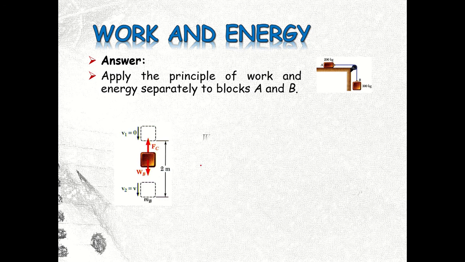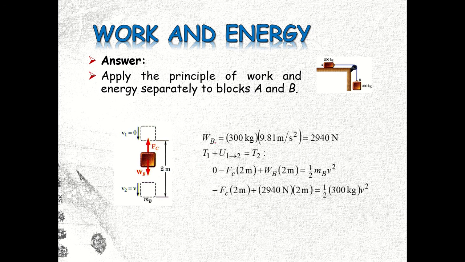Applying the same concept, we have the weight of block B. Again, we use the formula that mass is equal to weight divided by the gravitational acceleration. To solve for W, just cross multiply g. So the weight of block B is equal to the mass of block B multiplied by gravitational acceleration.